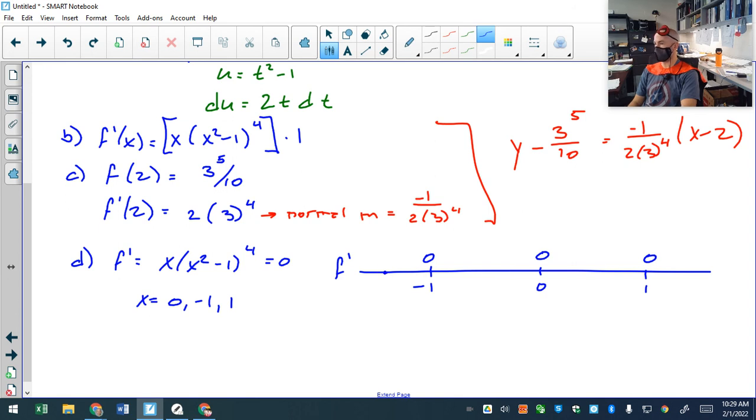Then when you pick our test points, we have 4 test points to consider. Left of negative 1, between 0 and negative 1, between 0 and 1, and after 1.